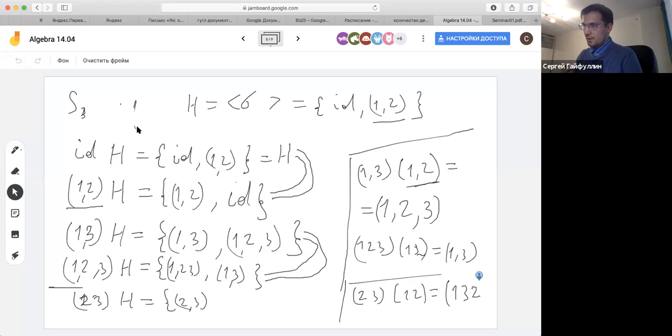And 2 goes to 1 and then 1 stays. So we obtain 1, 3, 2, I'm sorry. And this is the left coset of 2, 3. And of course, this coincides with the left coset of 1, 3, 2, H. So we obtain all left cosets. There are 3 left cosets. Each of them has 2 elements. Is it clear?